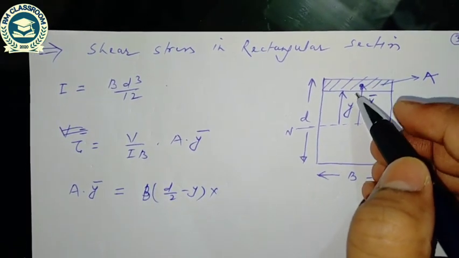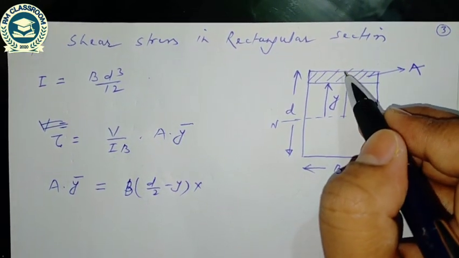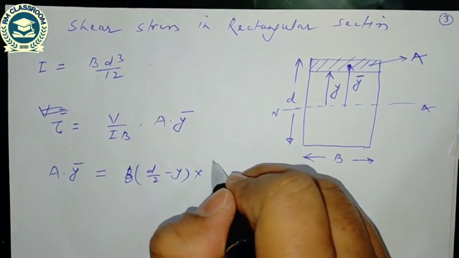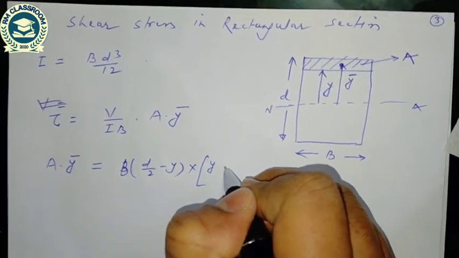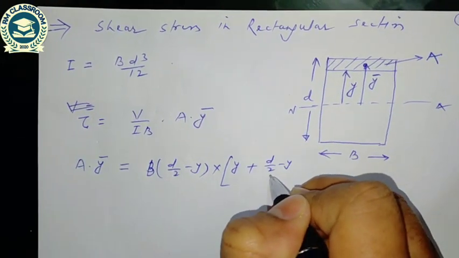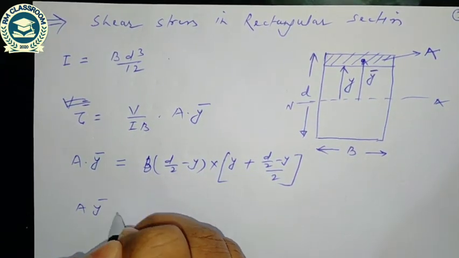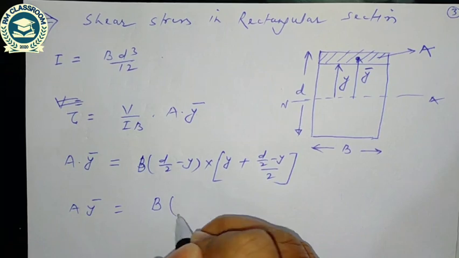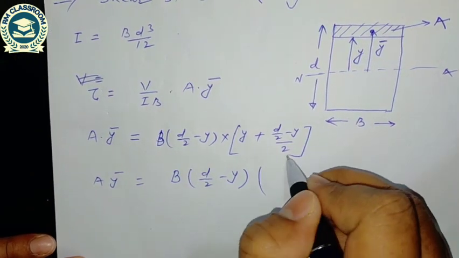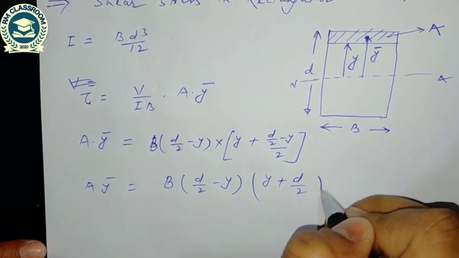So y bar is how much? y plus d by 2 minus y by 2. So A y bar is coming capital B into d by 2 minus y into, this is 2y minus y, so y plus d by 2.